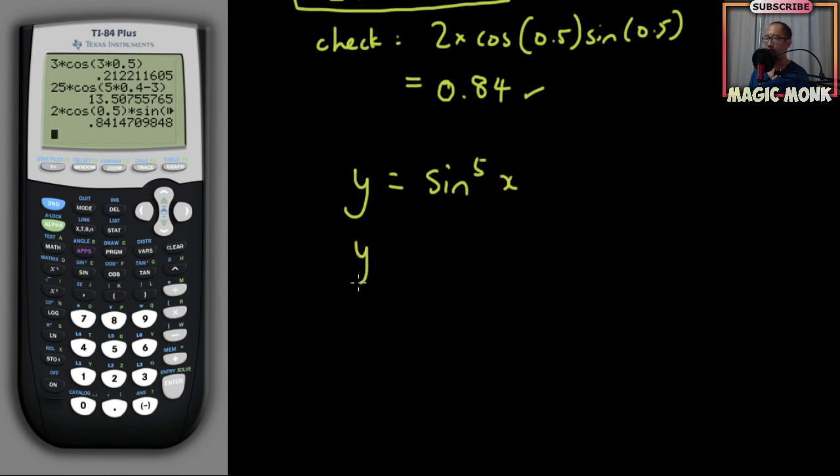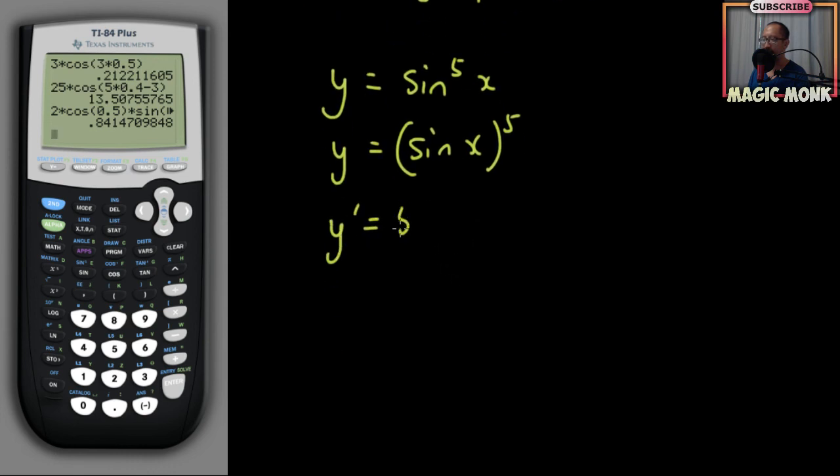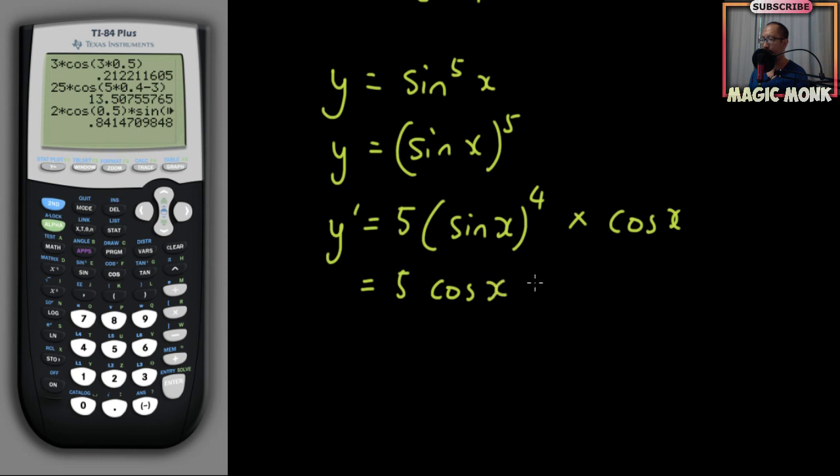Before you differentiate, just change it to sine x to the power of 5, because these two mean the same thing. Then you differentiate the outside first, so it's 5, whatever's in the brackets, to the power of 4, times the derivative of the inside, which gives you cosine x. So it's 5 cosine x sine x to the power of 4. You can also write just sine to the power of 4x. Same thing. Okay, so that's how you differentiate sine.